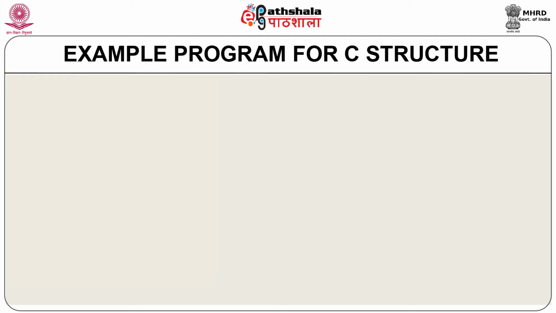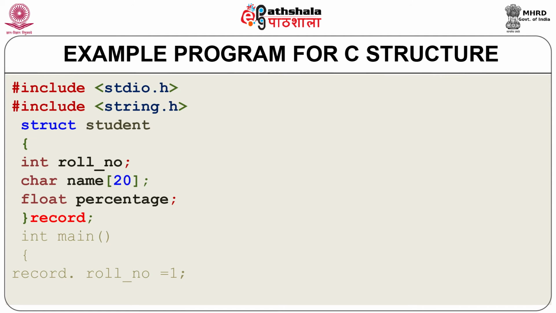Let us go for another program. This is another example of a C structure. This program is totally similar to the previous program. There is only one difference, which is the declaration of the structure.